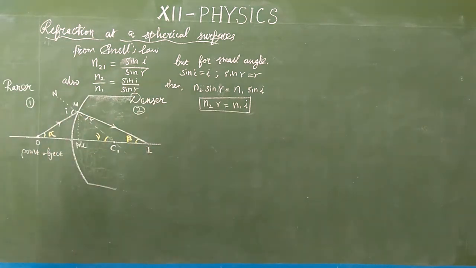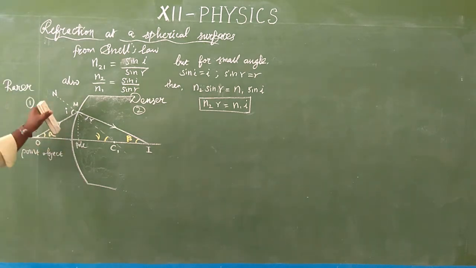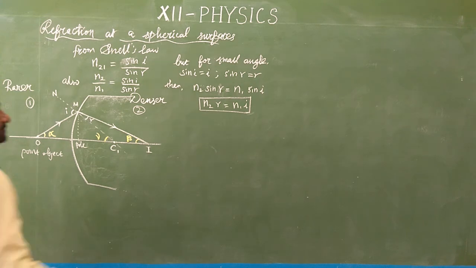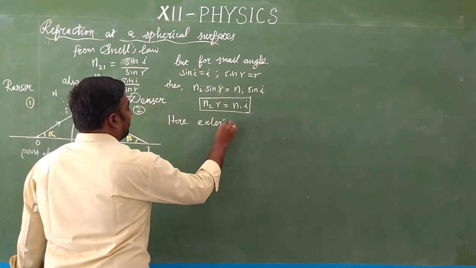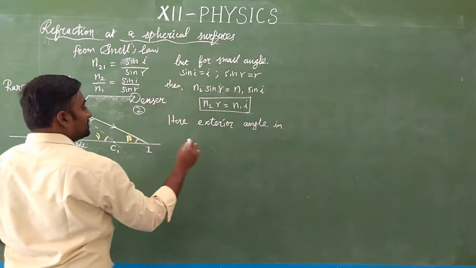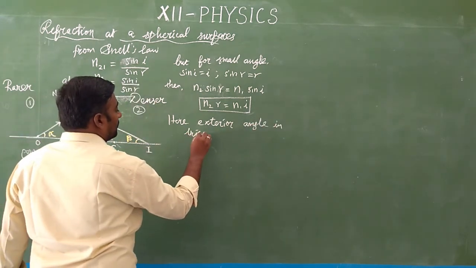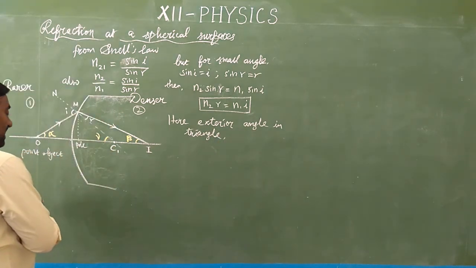Okay. So now we are going to see how refraction takes place here. First we are going to determine the angles. Here are the exterior angles. An exterior angle of a triangle. So we are going to find the angles.